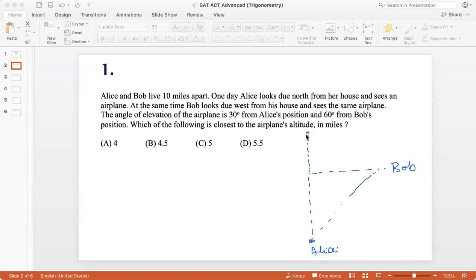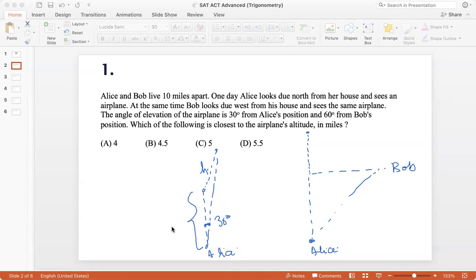And if this is the top of the aeroplane, I'm just going to try and show how the elevation would look. So if Alice is here, the plane is here, and this is the top of the plane, then this angle would be the angle of elevation for Alice, right? So if this is the height of the plane, then this angle is 30 degrees.